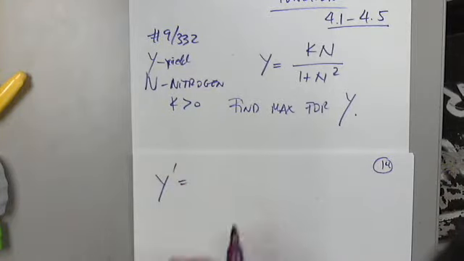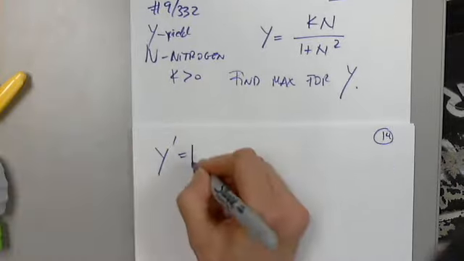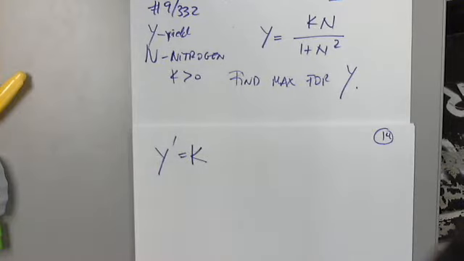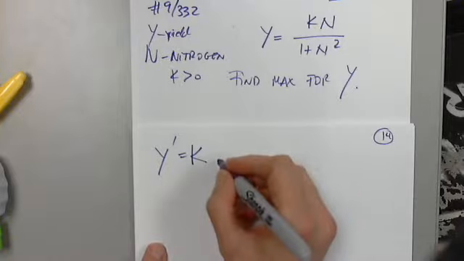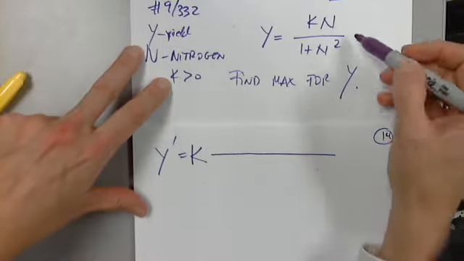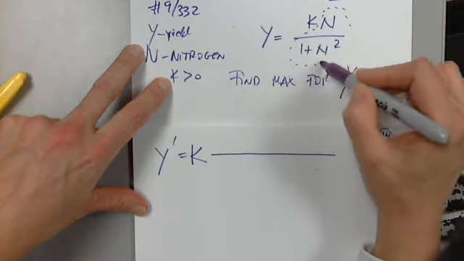Very good. I have to find Y prime. The variable is uppercase N. K is a constant. Because it's a constant, I don't even want to see it. Because it's a factor of the top. It can wait. This is a ratio. I need to differentiate this.